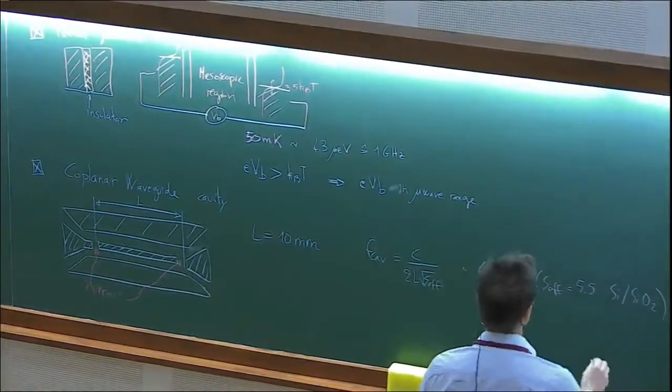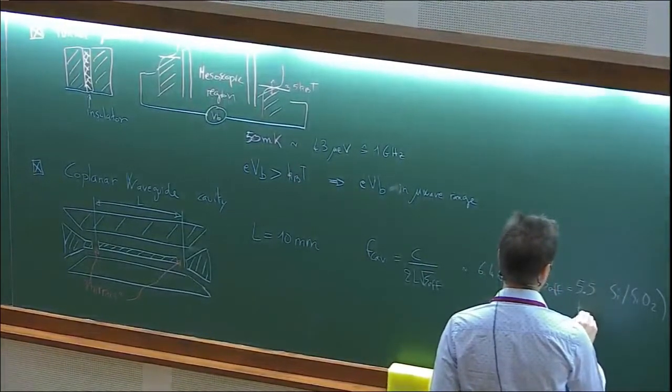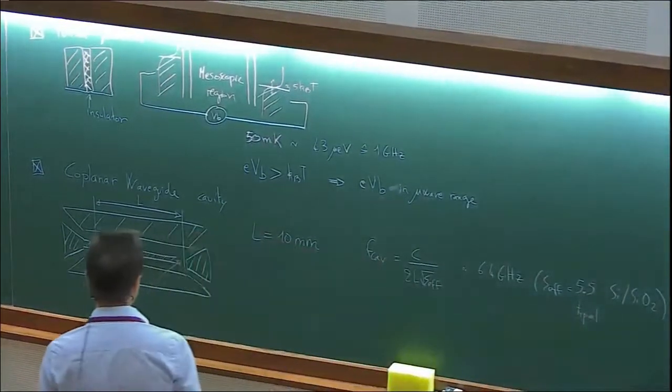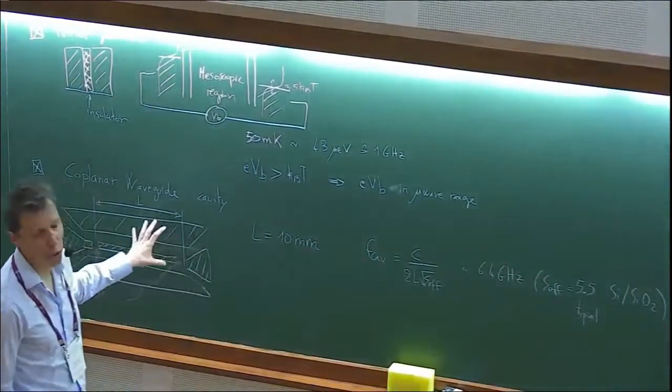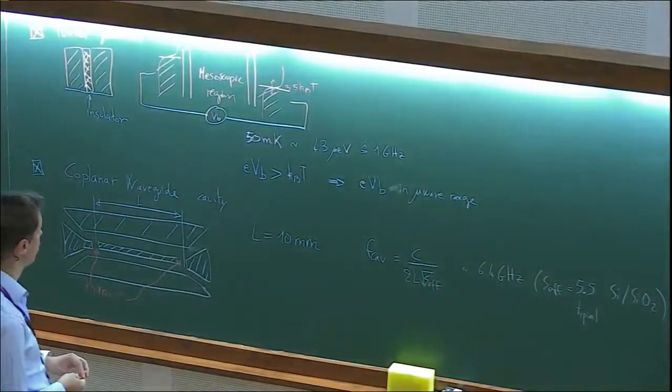So this is typical. It depends, of course, on the mode geometry. So this is one way of making microwave cavities. There are many other ways, but this is one way which I like particularly.